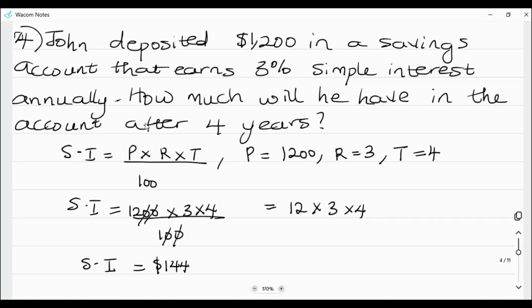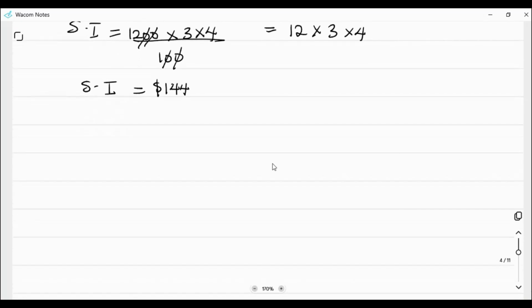$144. Okay, so let's see how much he will have in his account after 4 years. For us to be able to solve the total amount he's going to have in his account after 4 years, we want to make use of this that says total amount is equal to principal plus interest.